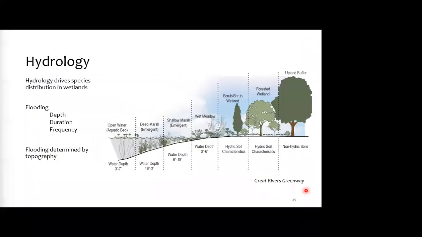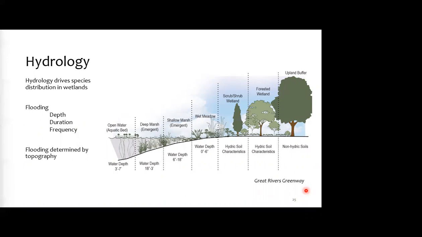So for my next chapter, I scaled down to look at what was going on in individual basins. And I wanted to look at hydrology because hydrology drives species distribution in wetlands very generally and can be characterized by the 3 factors of flooding depth, duration, and frequency.